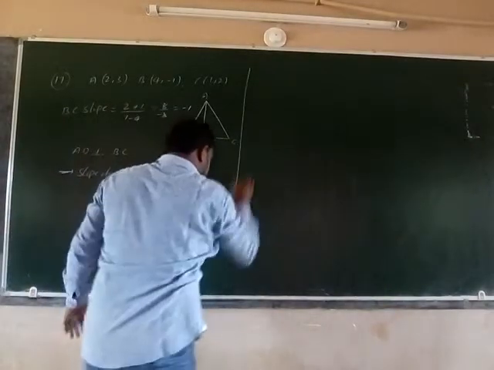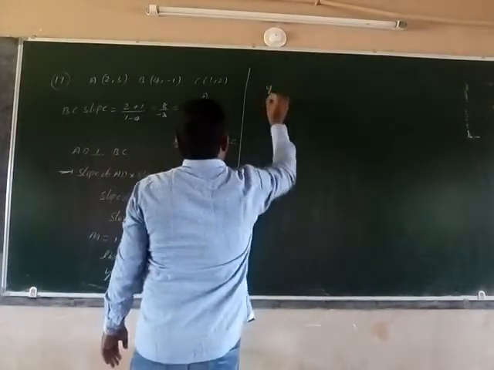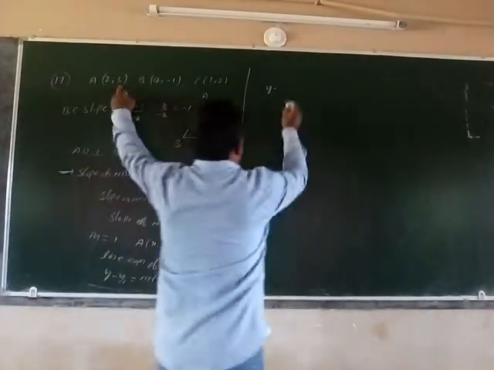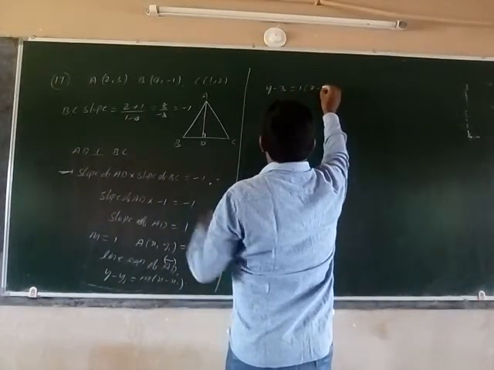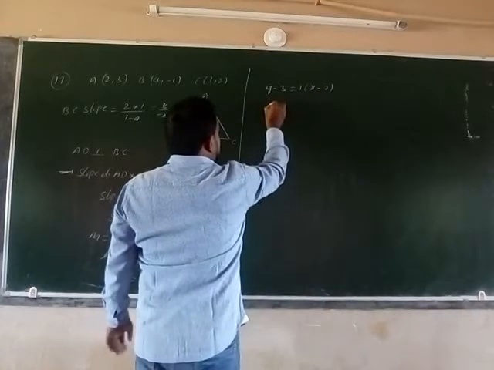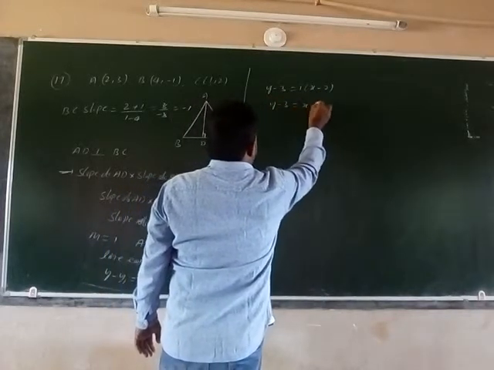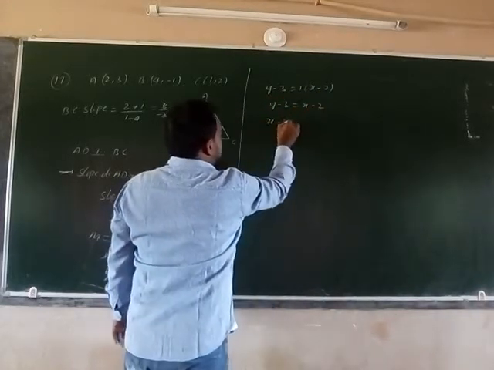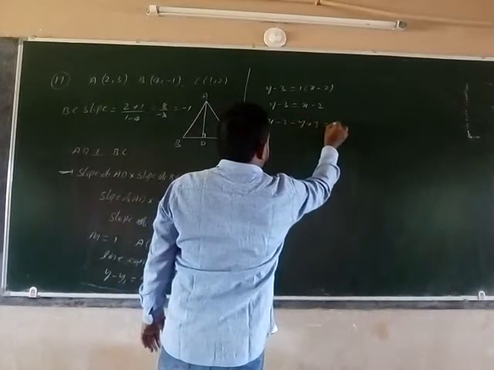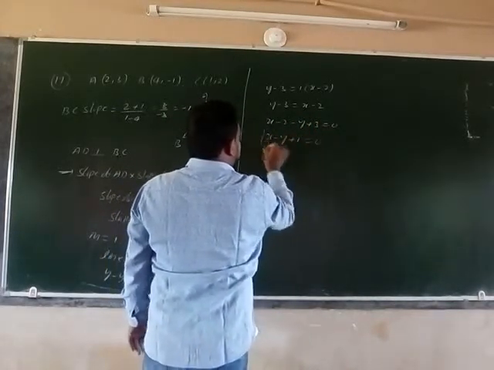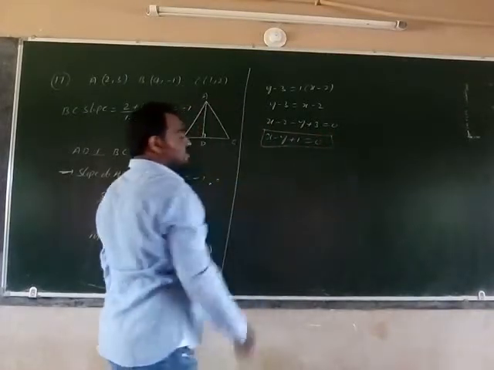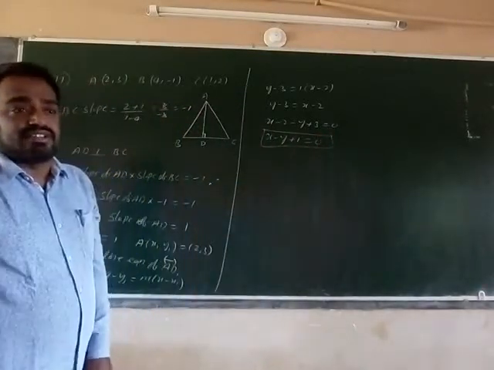That is y minus 3 is equal to x minus 2. So x minus 2 minus y plus 3 is equal to 0, that is x minus y plus 1 equal to 0. So this is our altitude equation.